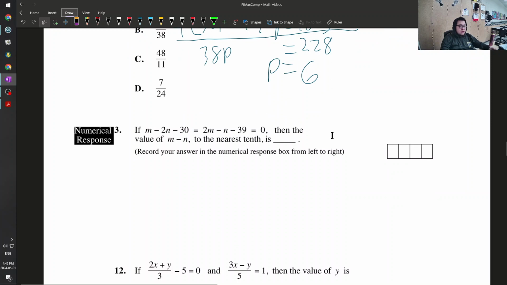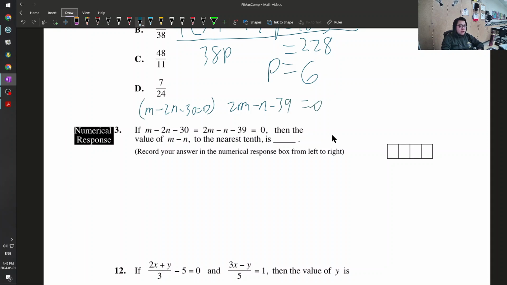If m minus 2n minus 30 is equal to 2m minus n minus 39, which is equal to 0, then the value of m minus n to the nearest tenth is. So again, a solution question. We're just going to have m minus 2n minus 30 is equal to 0, and then 2m minus n minus 39 is equal to 0.